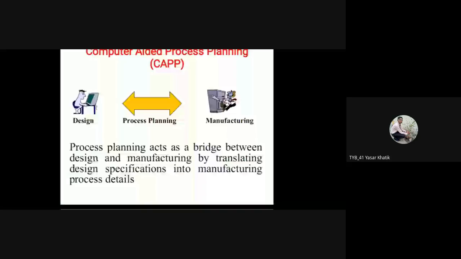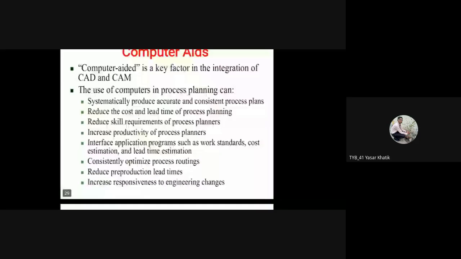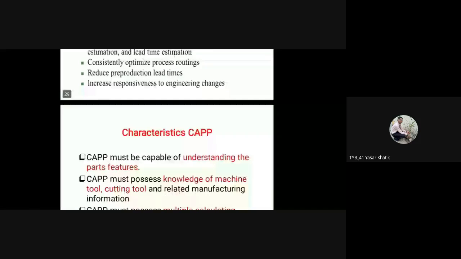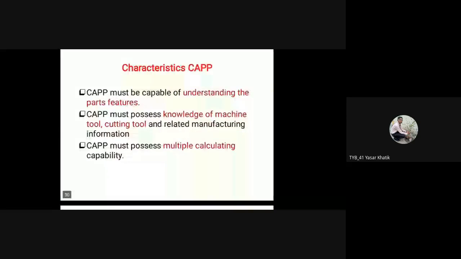For that we have seen some computer requirements, then the characteristics of CAPP. Before applying CAPP to manufacturing, it must be capable of understanding the part features. We have to import the information regarding the part into the CAPP plan, then import the information regarding the cutting tool and manufacturing.